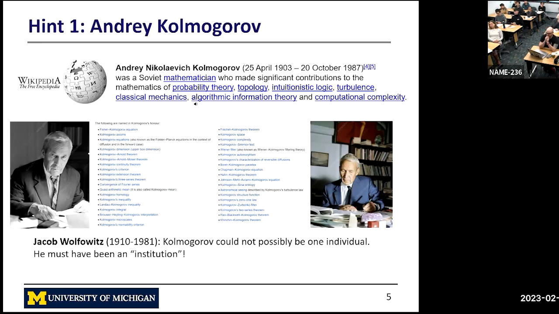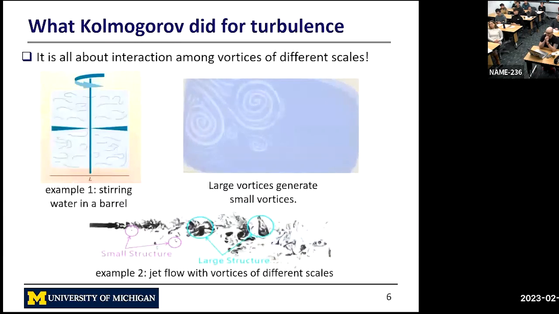Okay, so what did Kolmogorov do for turbulence? I put some simple pictures here to explain the idea. Kolmogorov basically said turbulent flow is all about interaction among vortices of different scales. If I consider water in a barrel and I stir the water with a stick, this stirring motion will generate some large vortices in a rotation pattern in the barrel.